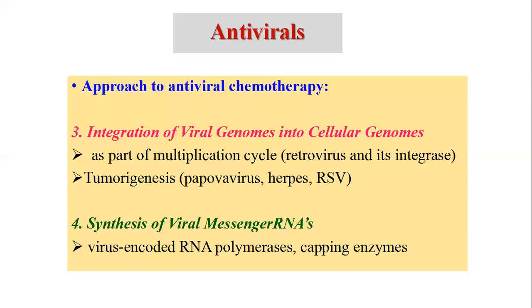So if we can block the function of this virus-encoded RNA polymerase and also restrict the capping enzymes, then we can get success, because this virus-encoded RNA polymerase functions for the replication of the RNA, and the capping enzymes are protecting the viral RNA or the viral genome from the nucleases present in the host cell.